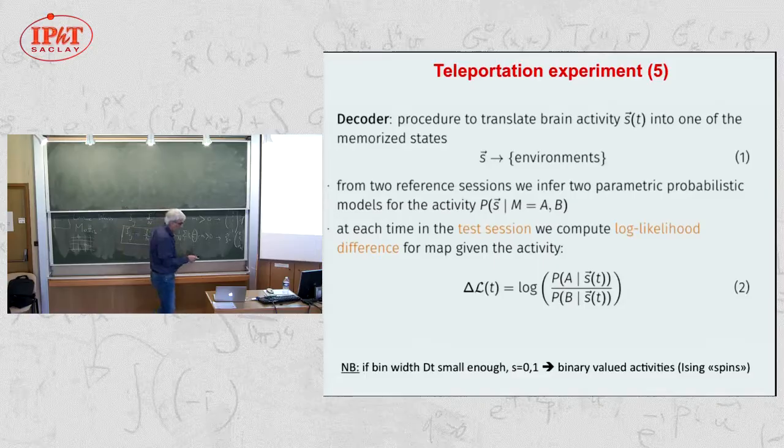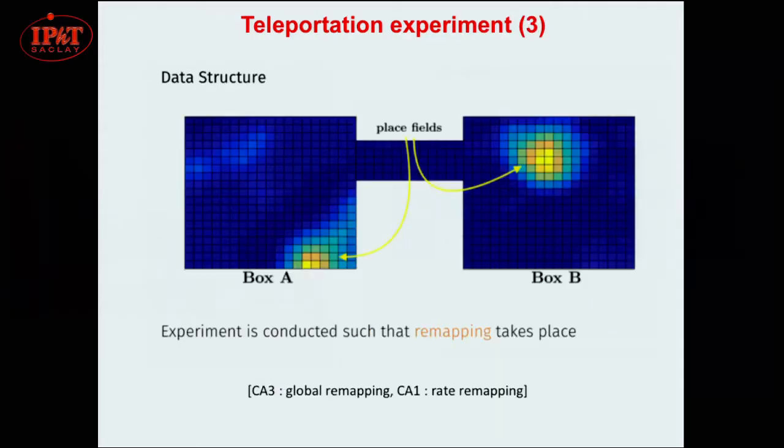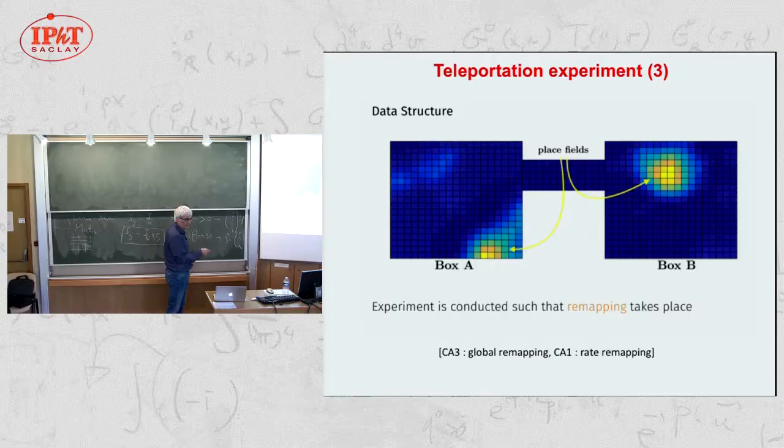So a way to do that is to do something simple. Since the positions of the place fields are not the same in the two boxes, and we have many place cells, maybe 30 of them, then the adjacency matrix in the two boxes will be different. So if we compare the activity of neurons to the adjacency matrices in the two situations, we should see whether the neurons that are activated are close to each other on one network, and it seems reasonable, or they are far away on the other network, and it's not reasonable.